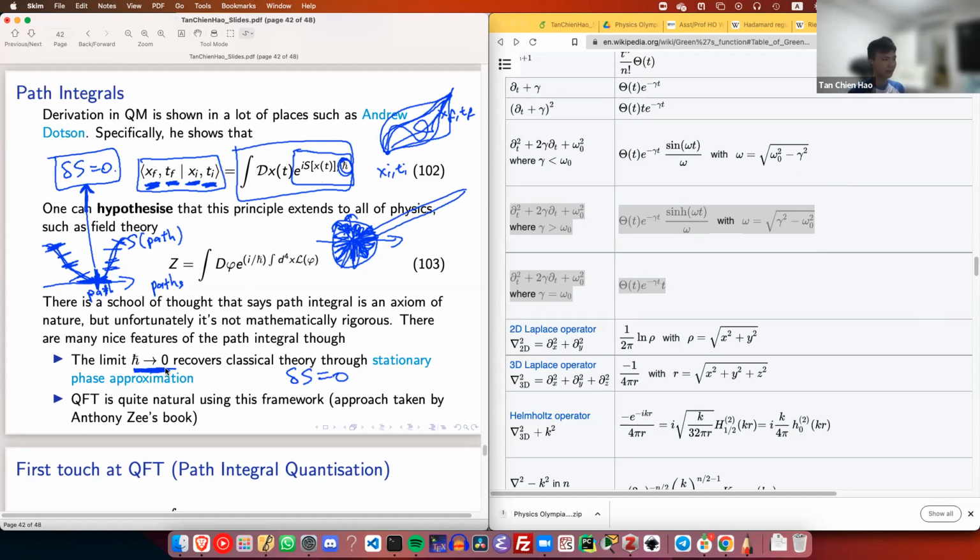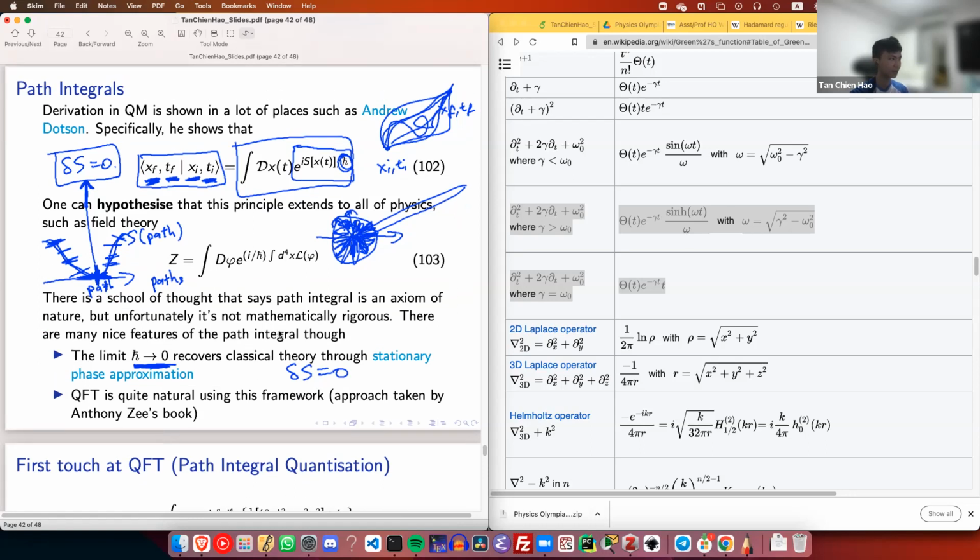So in some sense, the Feynman path integral is a way to think about the principle of least action, because if the path integral was the most physically fundamental object, then the principle of least action follows naturally from it, which would be quite a convincing argument for why the principle of least action is true.